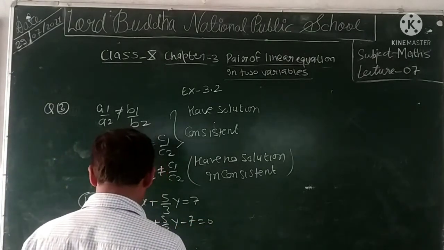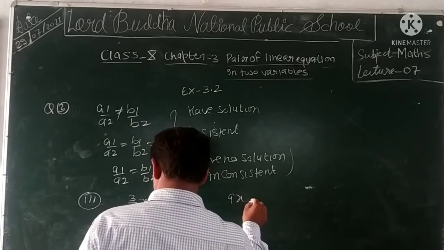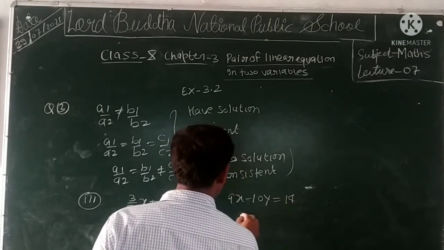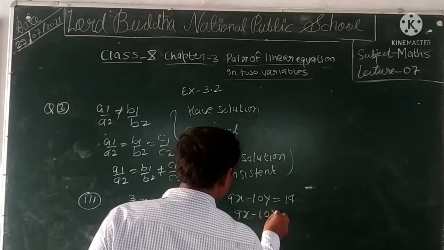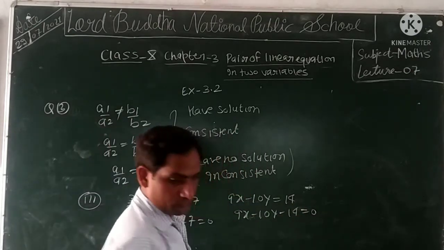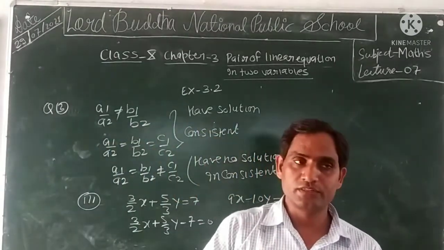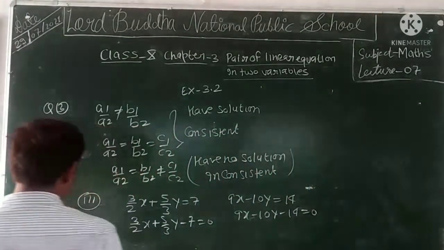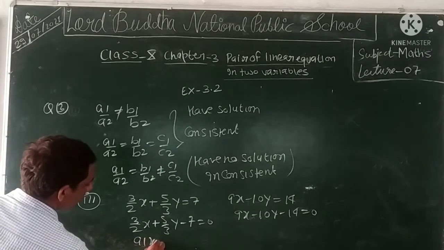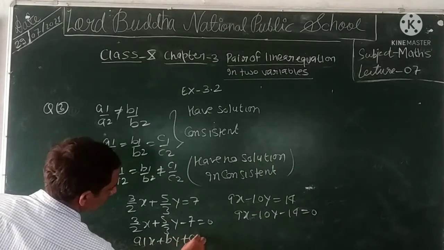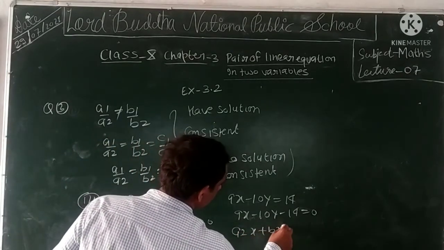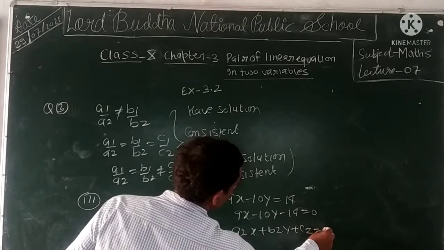And the next one is 9x minus 10y equal to 14, or 9x minus 10y minus 14 equal to 0. Now we compare these two pairs of linear equations with the standard form, a1x plus b1y plus c1 equal to 0 and a2x plus b2y plus c2 equal to 0.